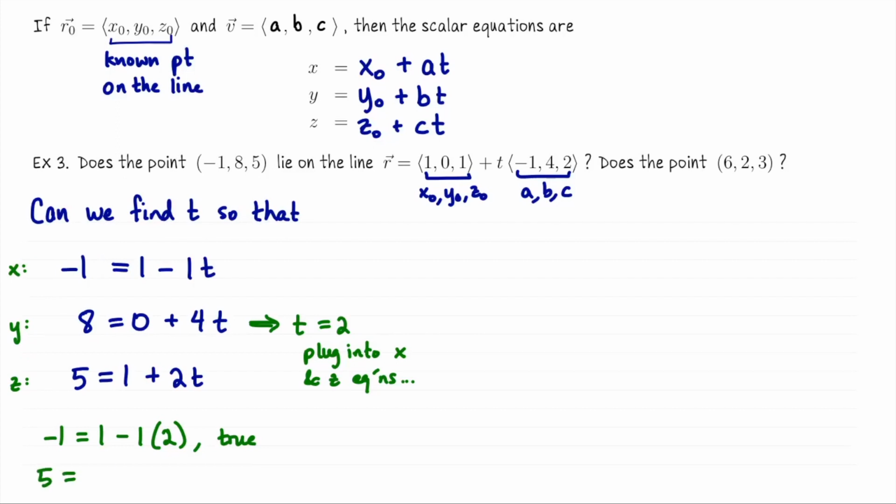And 5 equals 1 plus 2 times 2, which is also true. So the three scalar equations are all simultaneously satisfied for a t value of 2. So the answer to the first question is yes. The point -1, 8, 5 lives on that line. In fact, it could be written as 1, 0, 1 plus 2 times -1, 4, 2.